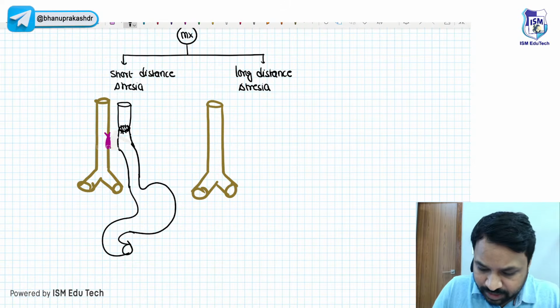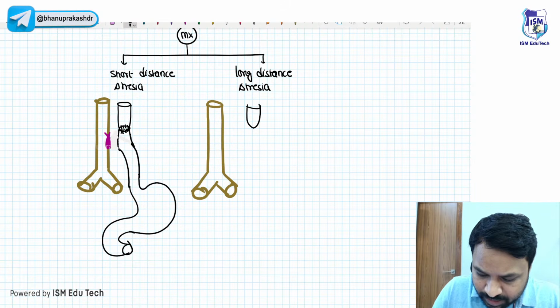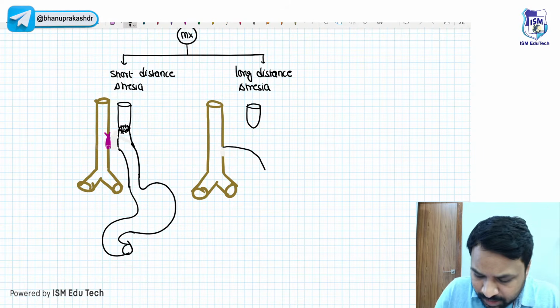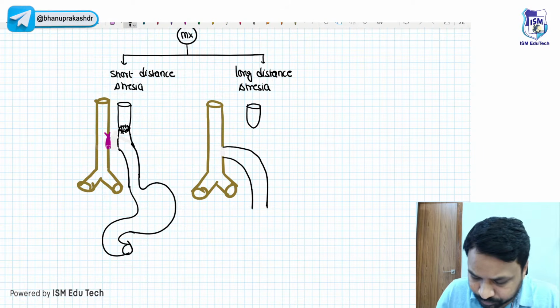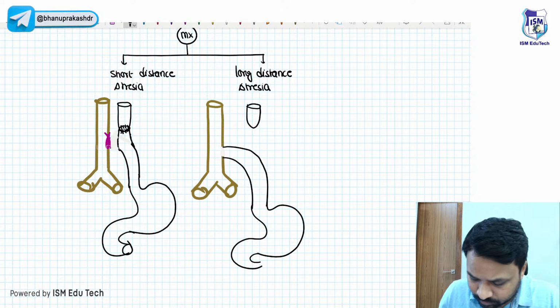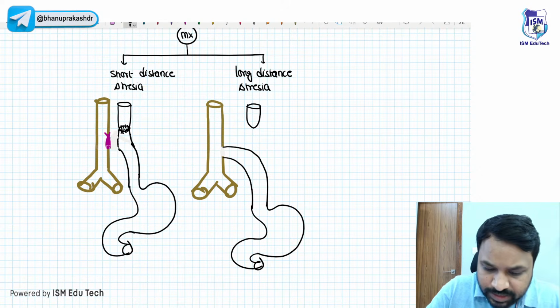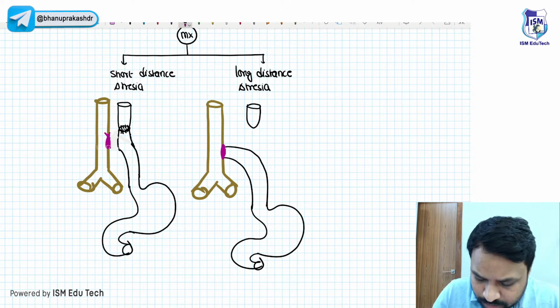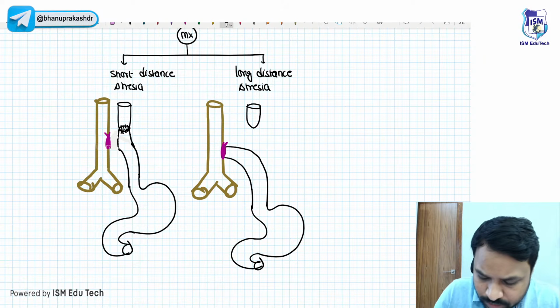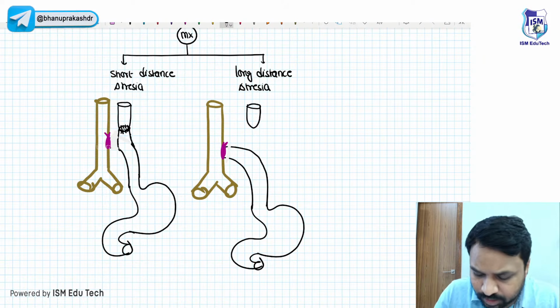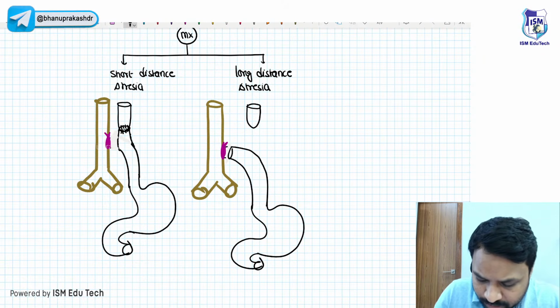So let's say there is an atresial segment which is maintained here, and the fistula is somewhere down across here. Same thing, we are going to ligate it across. Once you ligate and remove this segment, you have this part that is present.